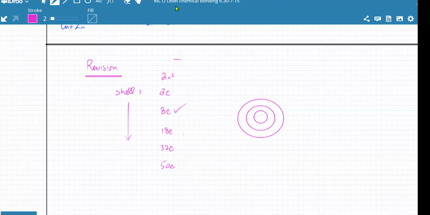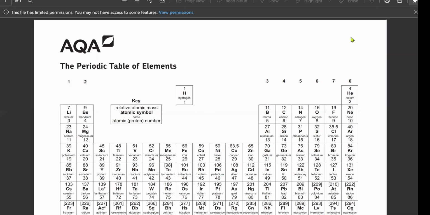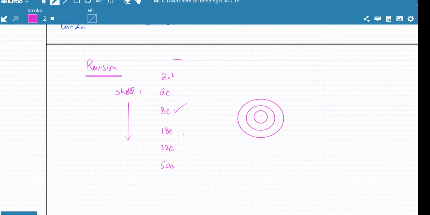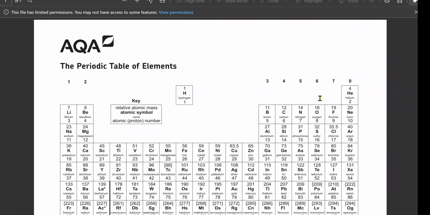Yes sir. So when we say a complete octet, it means it has 8 electrons and it is complete. Okay, sir. But the point is, who has only one shell, the first period? What's the maximum number of electrons in the first period? There's just 2.